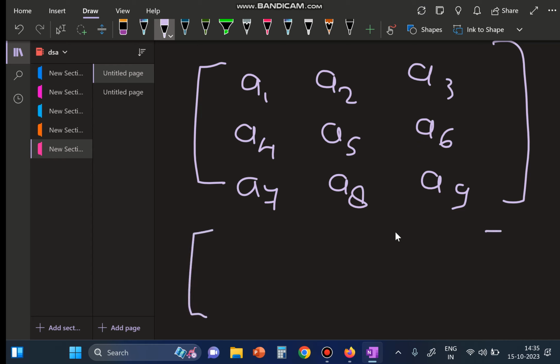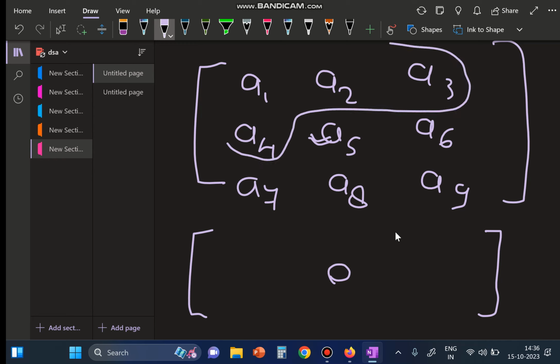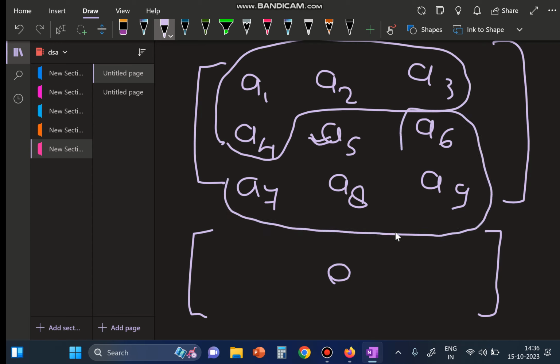Suppose I'm finding the answer for this element. If we can somehow find the product of these elements, and the product of these other elements, then we can easily multiply these two and get our result.